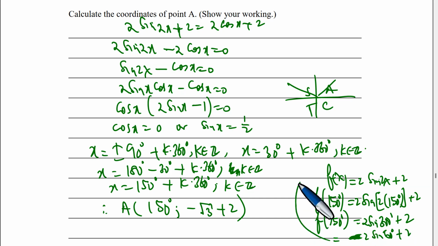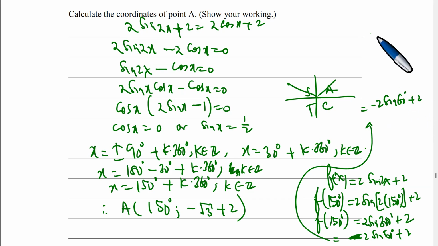If you take these 2 up here, you have minus 2 the sine of 60 degrees plus 2. You remember the special triangles, 30 degrees, 60 degrees, 2, 1, square root of 3.